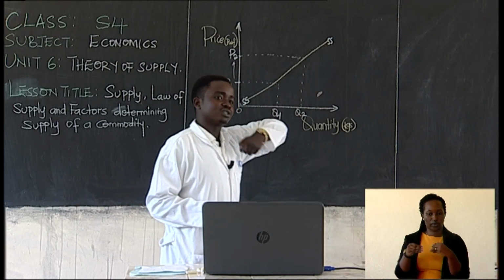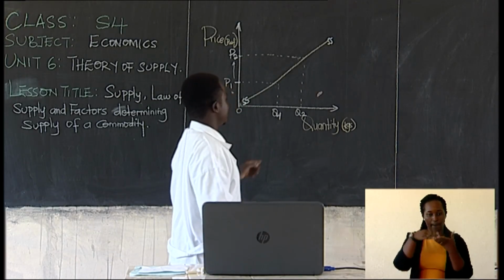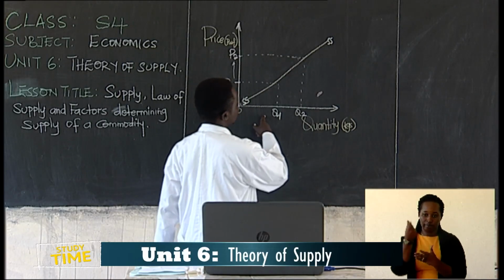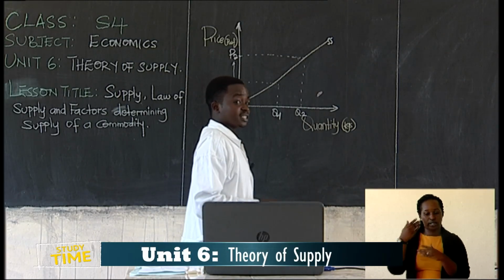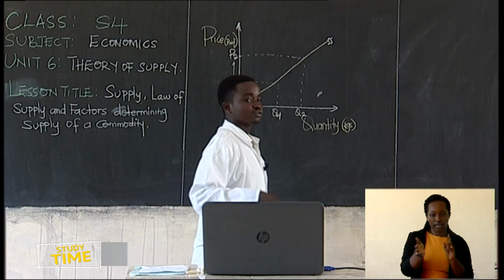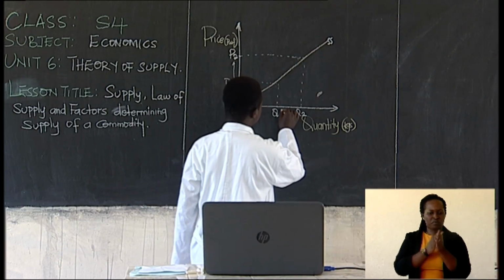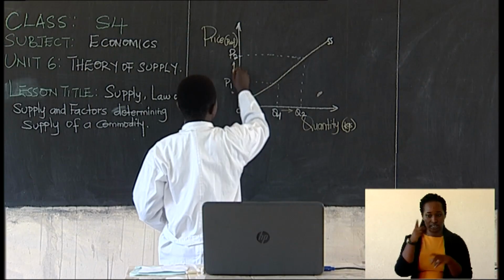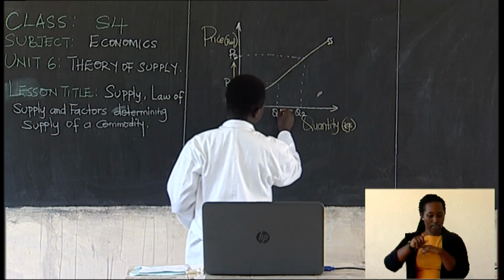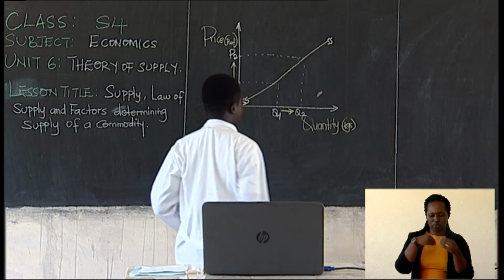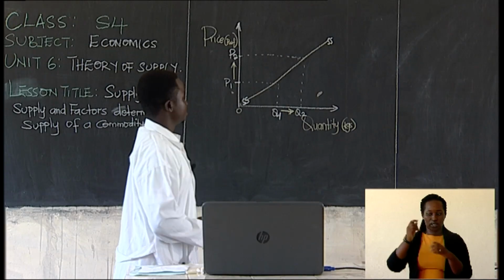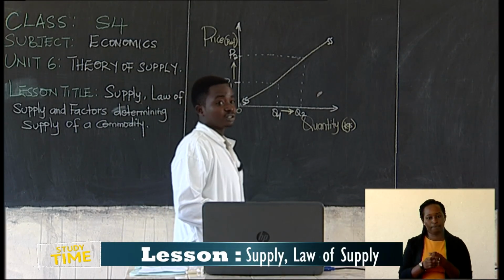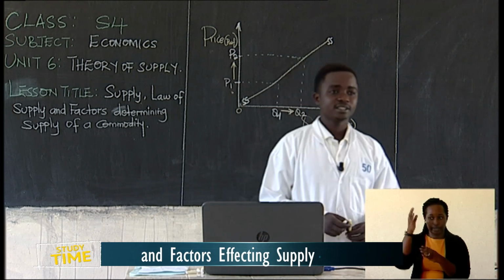Suppliers are willing to supply more at a higher price, because if the price reduces, they get less motivation to take more to the market. So as the price increases, quantity supplied increases. This is a supply curve that explains the law of supply.